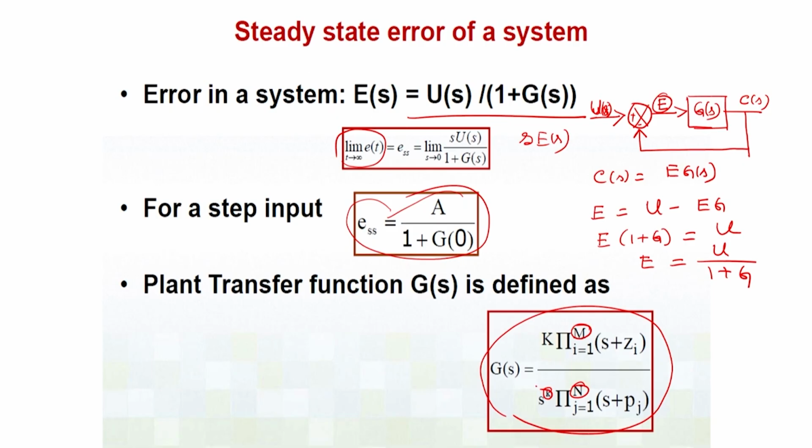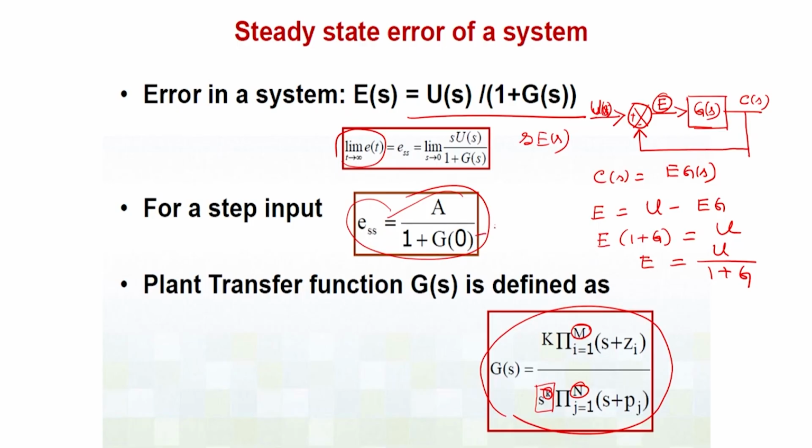Well, if there is no pole at the origin, that means, if it is a type 0 system, then in the G(s) you are going to get some finite value. So, G(0) will not be an indefinite value, but some finite value you are going to get.